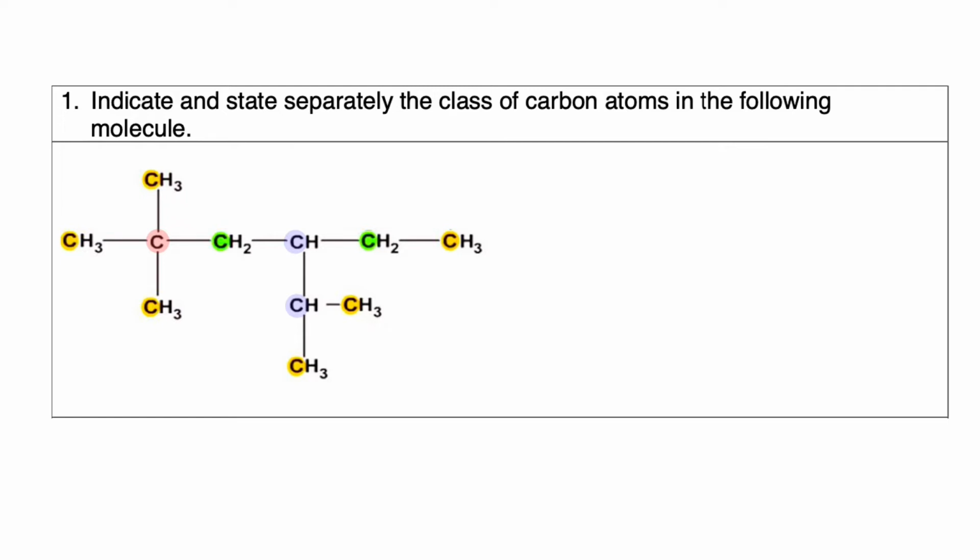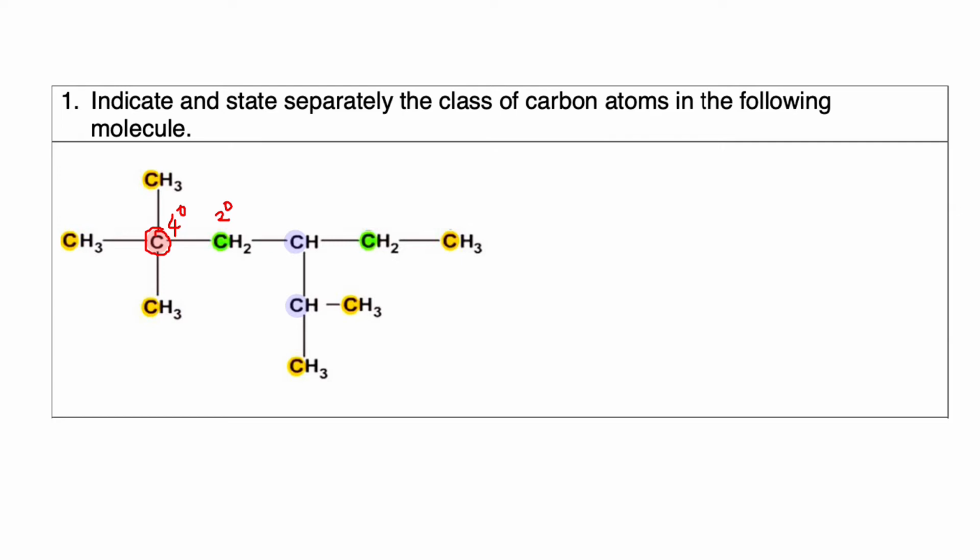Okay, if you look at this carbon pink, this carbon attached to 4 other carbons. So this one will be quaternary. Okay. And then the green, if you look at this green, dia attached dengan 2 carbon. So dia adalah secondary.